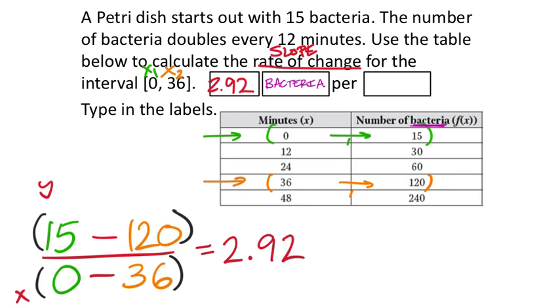I don't know if that's plural for bacteria. I also don't care. But that's the y values label, and that would be for the x's per x's, which is in minutes. Now that's a unit rate though, so I'm gonna just put an individual minute, not plural on this. So it's 2.92 bacteria per minute.